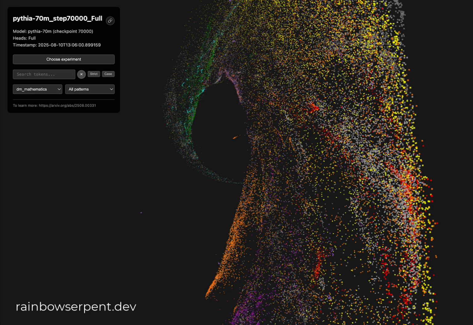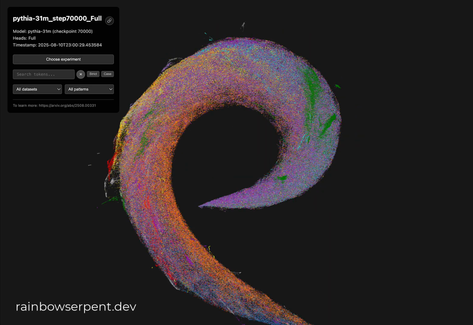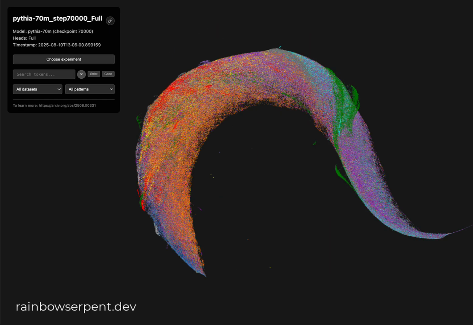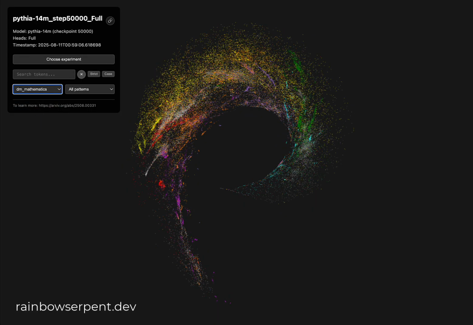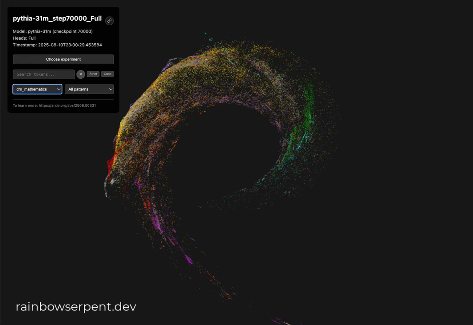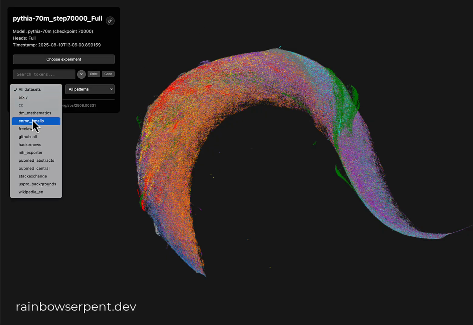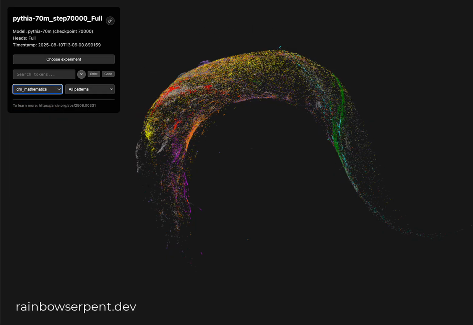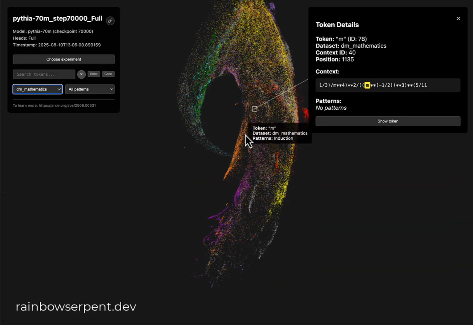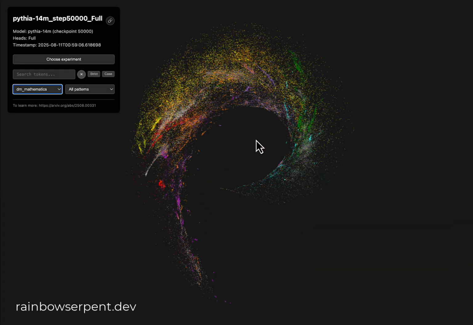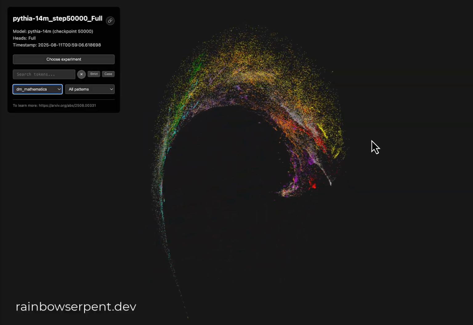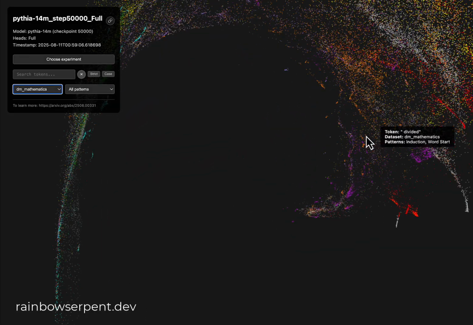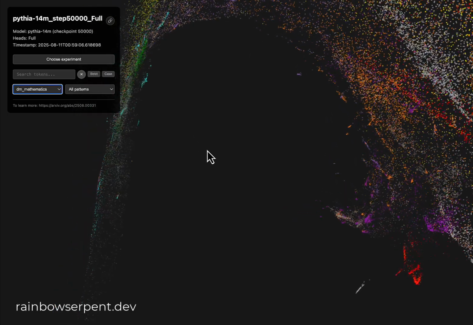So let's take a brief look at the earlier models to see if we can find a similar streak. I've got 14 million, 31 million, and 70 million set up here. So I'm going to restrict to DM mathematics. And there's very visibly the orange streak that we're interested in. If we look for the 14 million parameter model, we can see a bunch of orange tokens in a similar kind of position in the anatomy.